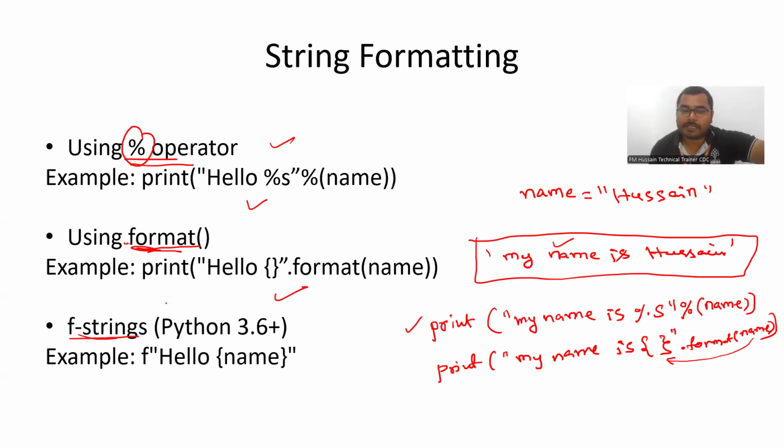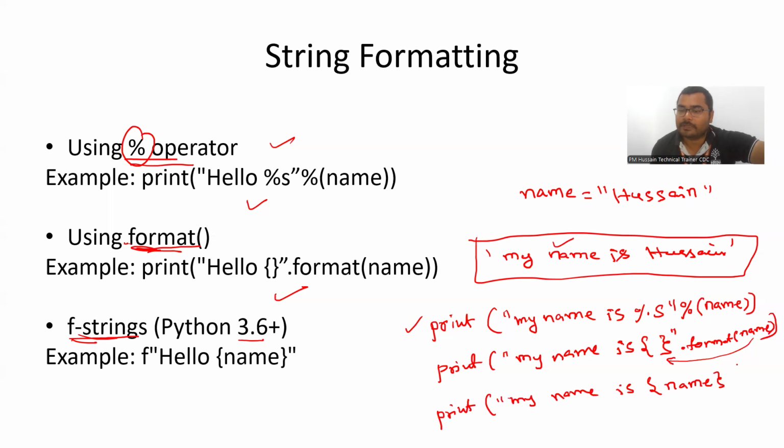Another way is the fstring method, and this fstring method is used in 3.6 version onwards. Before this version, the fstring method is not there, only the above two methods are there. So only if you are using 3.6 version or more, then you can use the fstring formatted method. If you want to print using fstring, you can write print, then "my name is", and in curly braces you need to specify the variable name which you want to print.